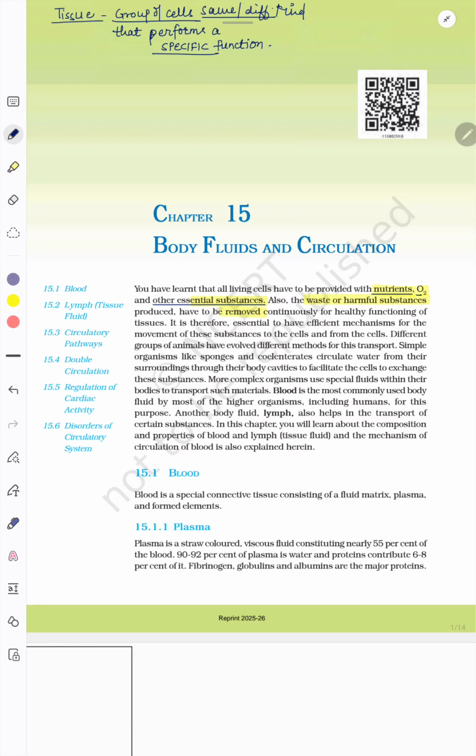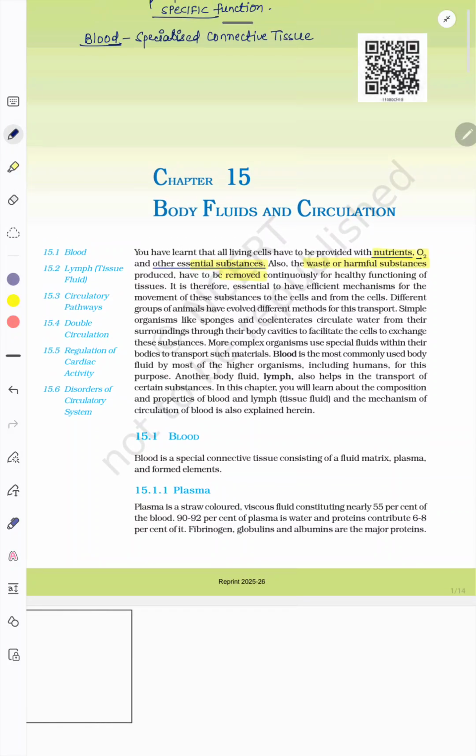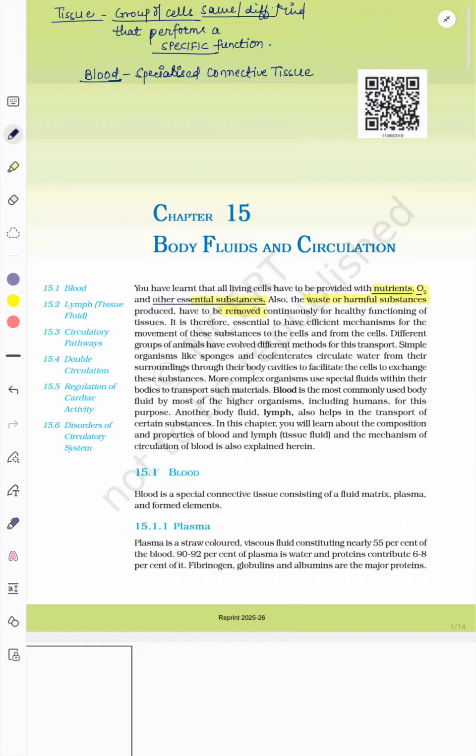So there's one very important tissue we'll study in this chapter, which is blood. Blood is a specialized connective tissue, right? Yes. So this is what these two lines are saying.